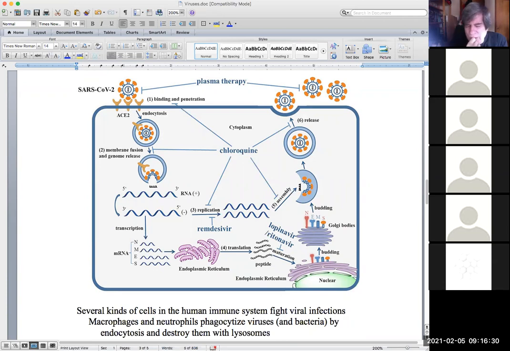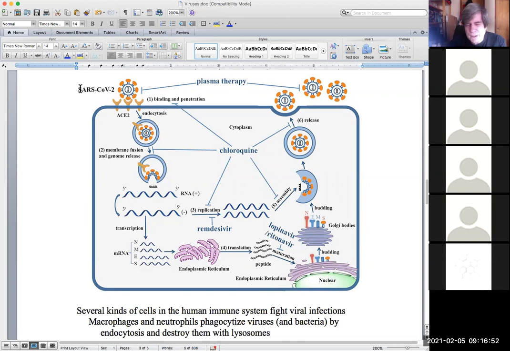So let's look how a virus infects a cell. And notice we would see a very similar pattern if we looked at any type of virus, any type of cell. It's a little bit different when we look at prokaryotic cells, but it still follows the same basic outline.